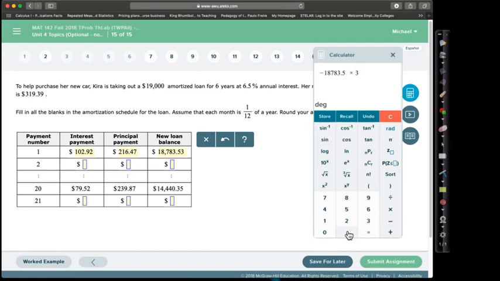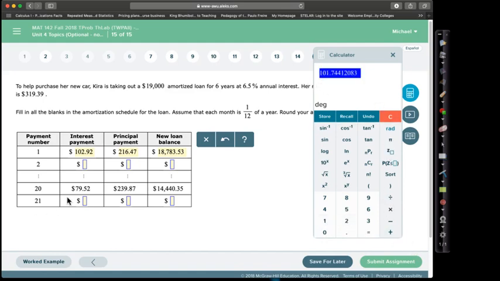We multiply by the interest rate, 0.065, times 1 divided by 12.